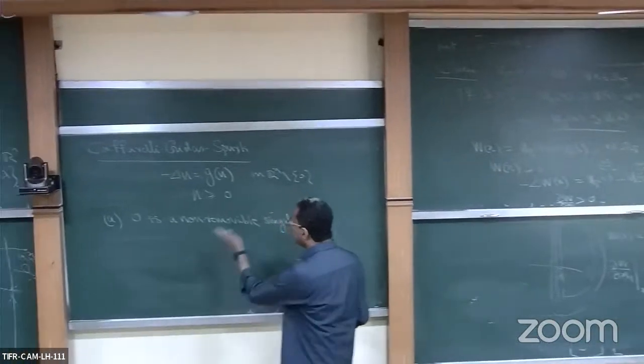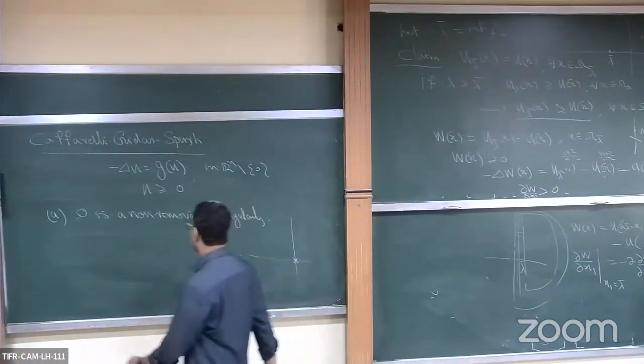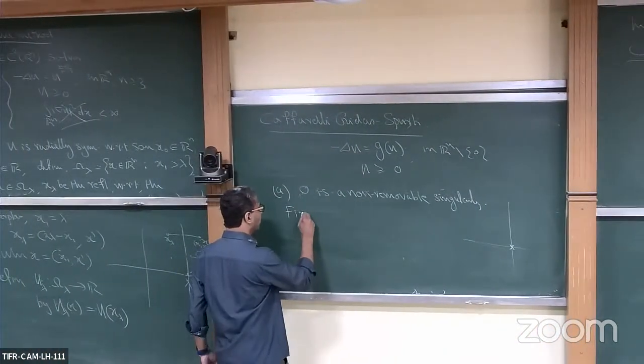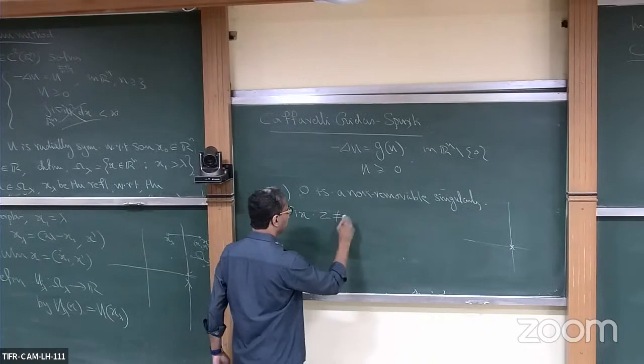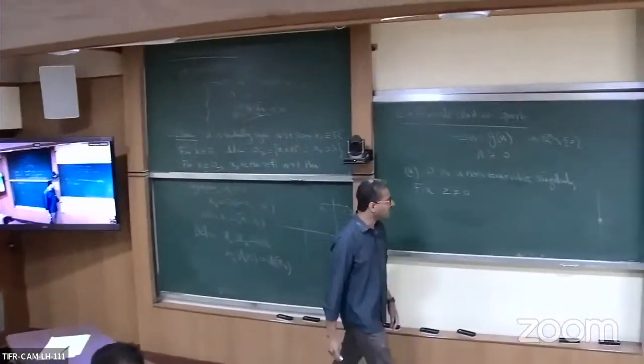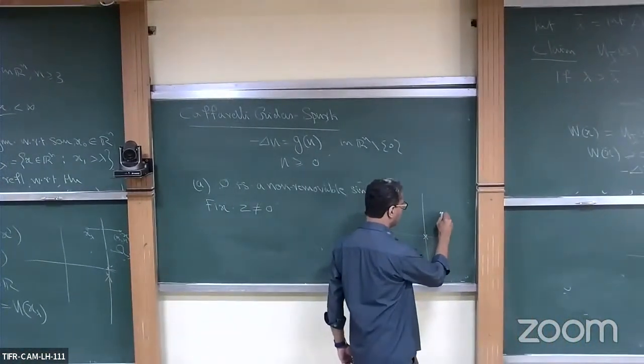So again, we don't have any idea about what's happening at infinity. So the idea is that you are going to fix a point z. So for convenience, I will draw the picture somewhere here.